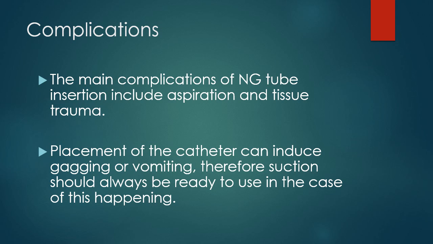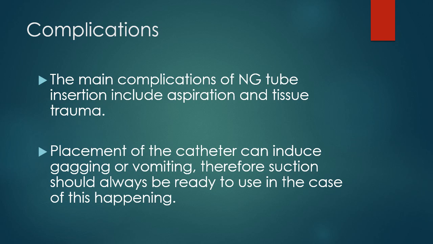So the main complication of an NG tube insertion is aspiration. Aspiration of the contents, mainly of the stomach, but it could be of any secretions that you're introducing into the back of the throat, into the trachea. Okay, and that can cause an aspiration pneumonia.